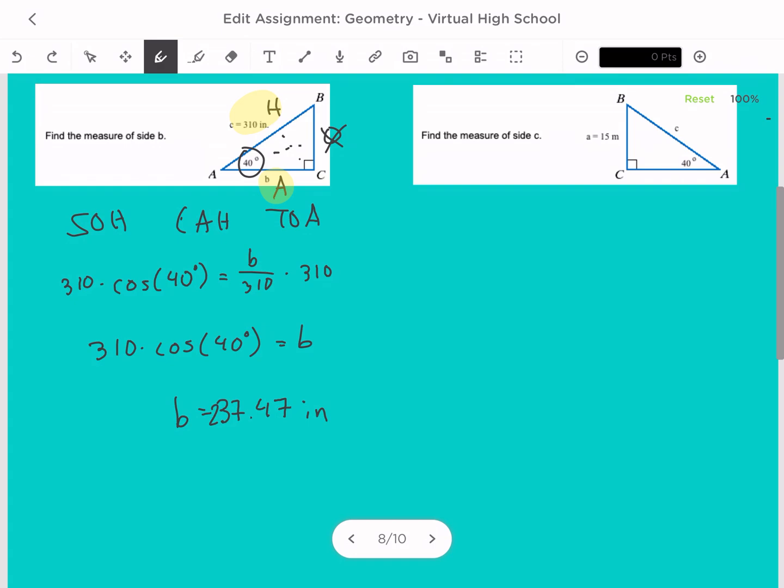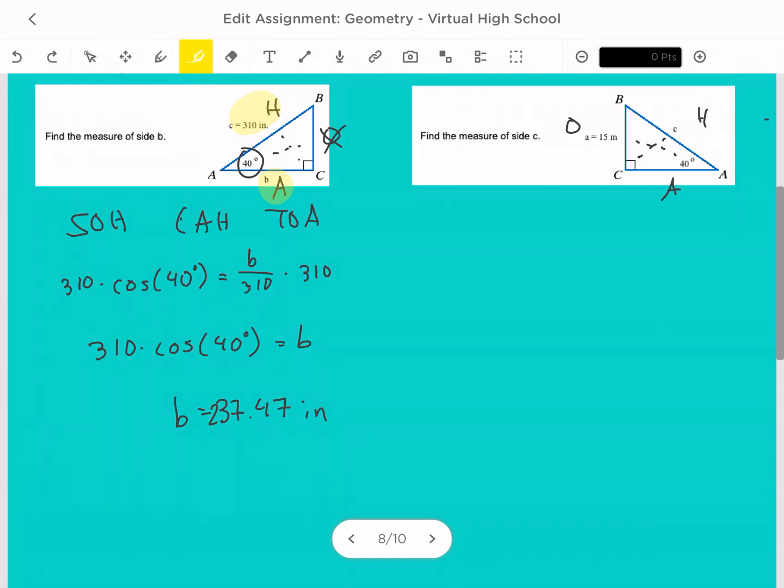All right, and then my last one. So I'm starting from the 40 again. That is the opposite side. That's the hypotenuse. That's the adjacent side. So I care about the opposite side, which I know, and I care about the hypotenuse, which I'm trying to find.